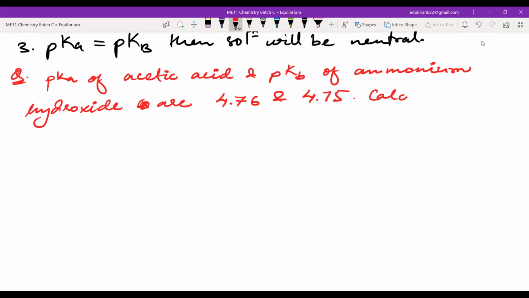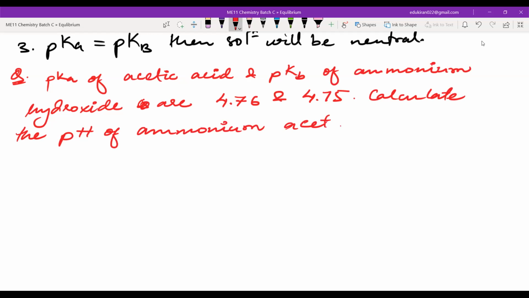Calculate the pH of ammonium acetate solution. Okay, this is easy. We have here a solution of acetic acid CH3COOH plus NH4OH.